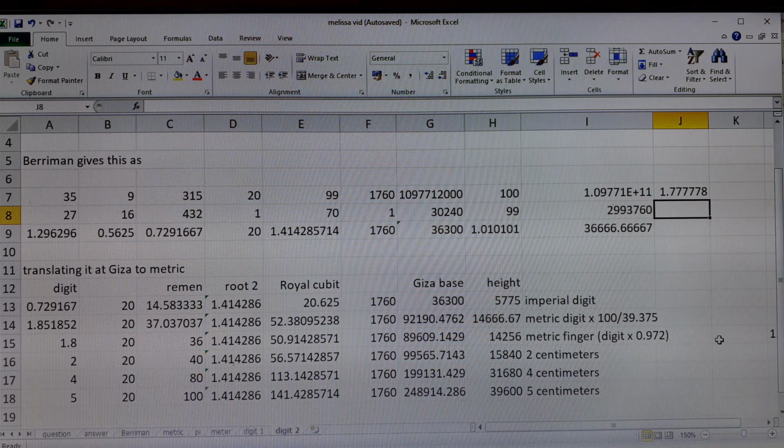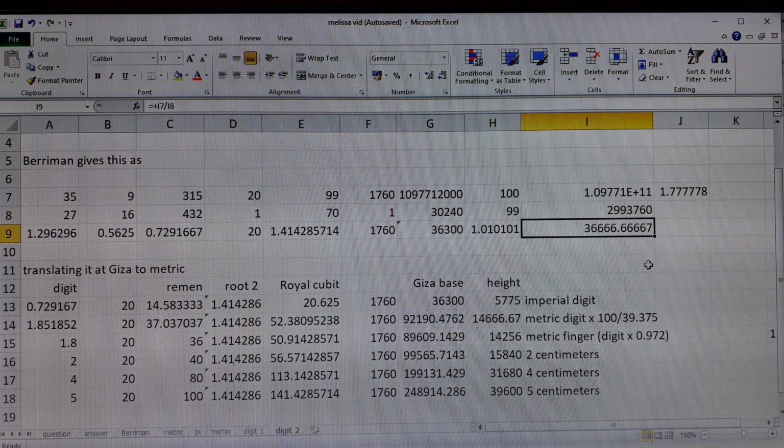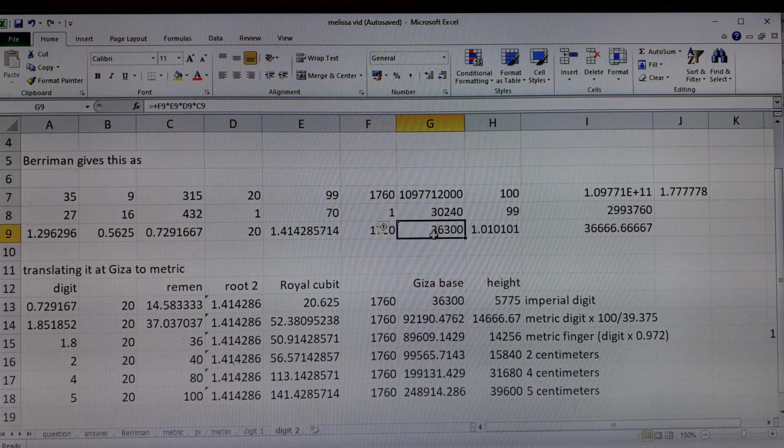So they're cancelling out this fraction here to produce this figure. So when we use 1760, we get this 363, but when we multiply it by 100 over 99, we're actually using 1777.77 recurring cubits.